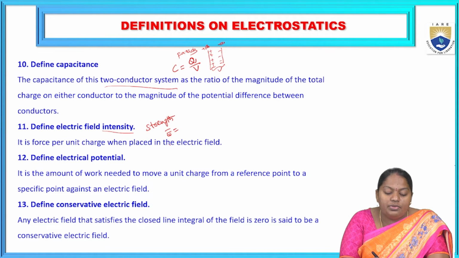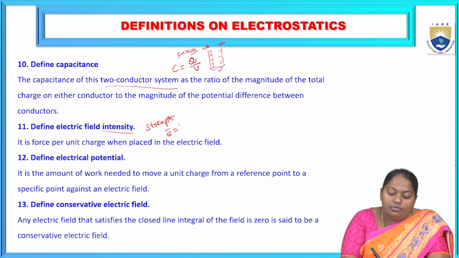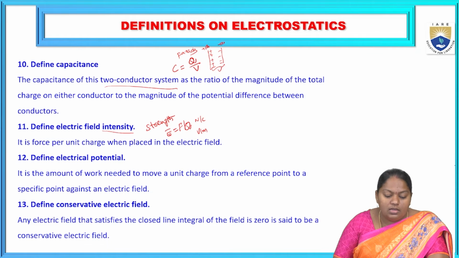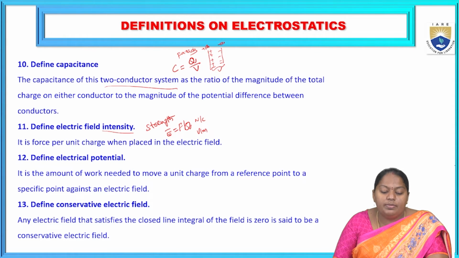Hence the units are Newton per Coulomb or sometimes volts per meter. So electric field intensity, also called electric field strength, is the ratio of the force per unit charge when it is placed in an electrostatic field.